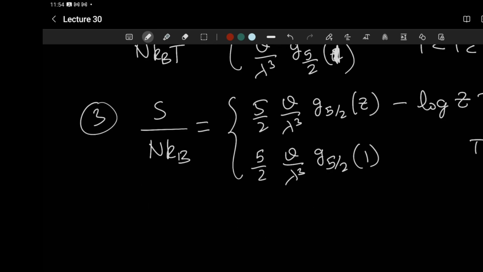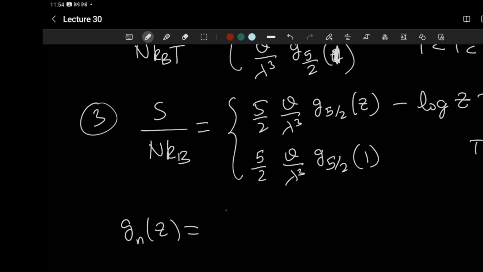That's easy to see because Gn of Z, if you remember the sum formula, goes like the sum of Z to the power L over L to the power N. Now if you put Z equal to 1, it is just 1 over L to the power N. So just the standard absolute convergence will tell you that N should be greater than 1. That's all.